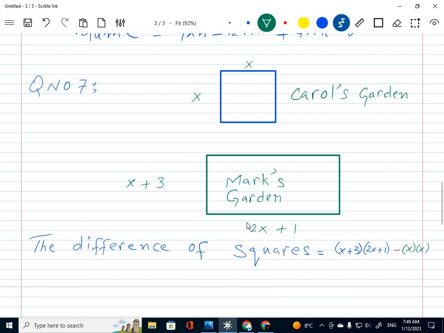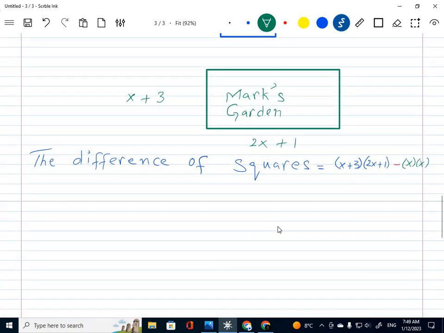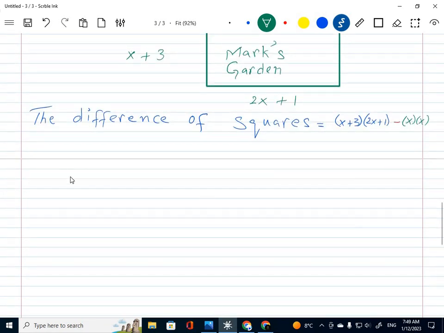So here we have the whole scenario in front of you, and we want to find the difference of the areas of the two gardens. So I've written the area of the two gardens and subtracted them. Now we just simplify this and we will get the answer.